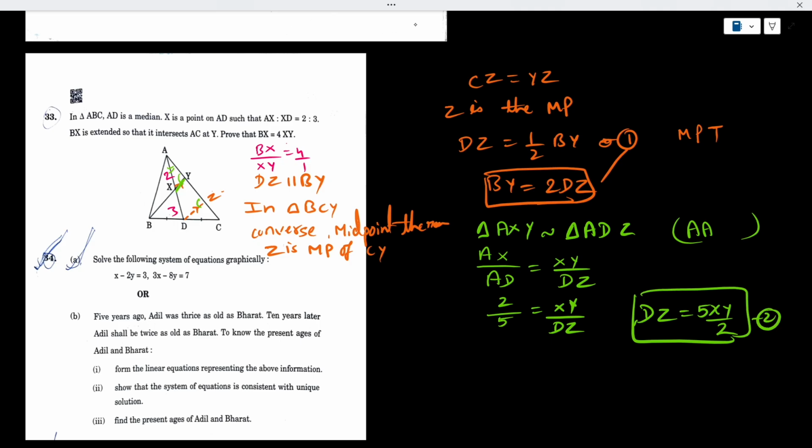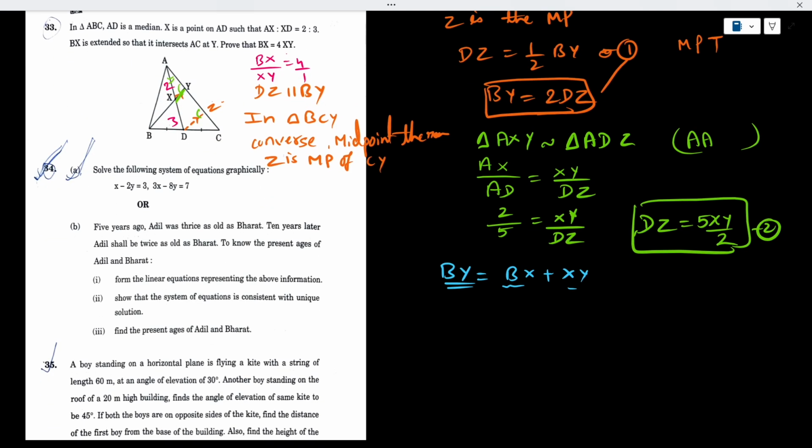Now, because I need BX and XY, I can start with BY is nothing but BX plus XY. Now I need the ratio of these two. That means I need to substitute BY. What is your BY? 2DG. So from 1 and 2, you need to substitute values. BY is nothing but 2DG, right?